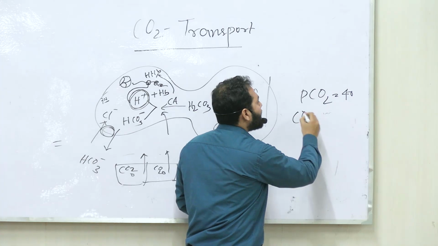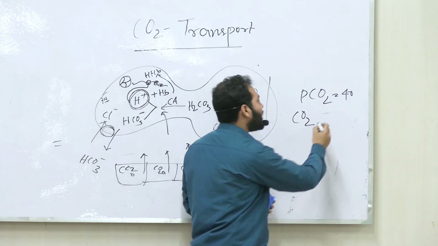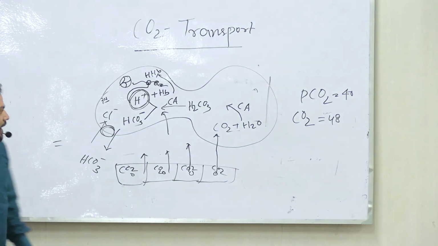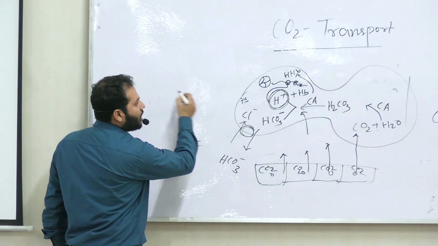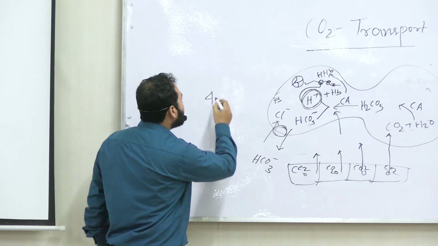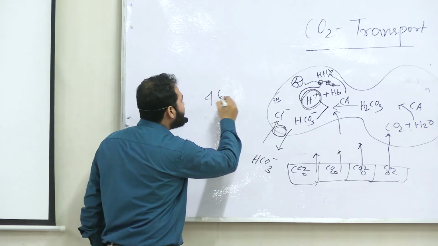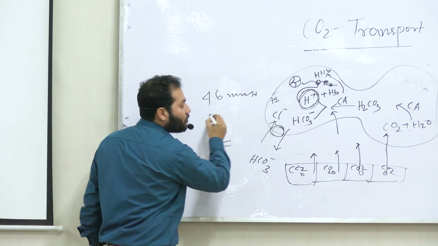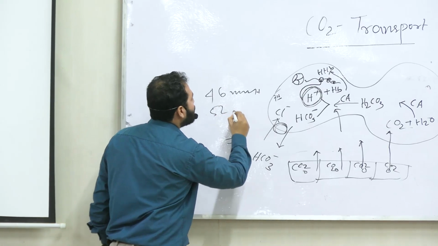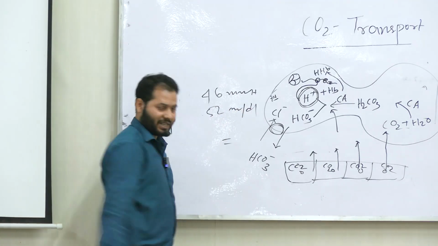And what was the carbon dioxide content? It was around 48 ml per deciliter of blood, right? Now here in the veins, it was 46 mmHg, and carbon dioxide content was 52 ml per deciliter.